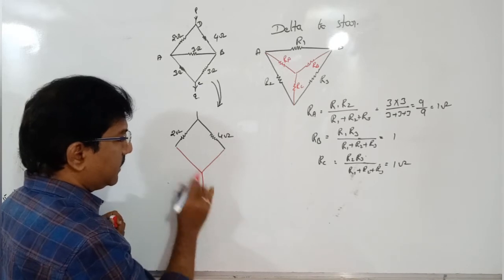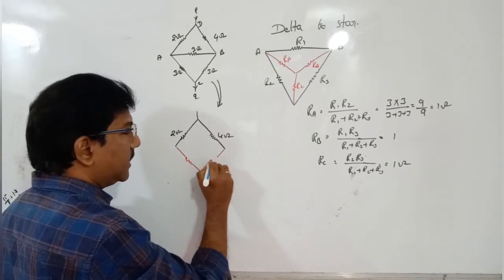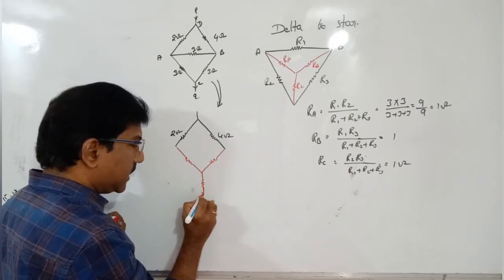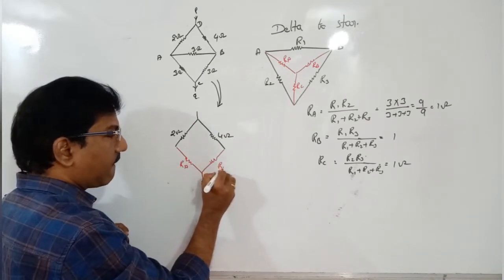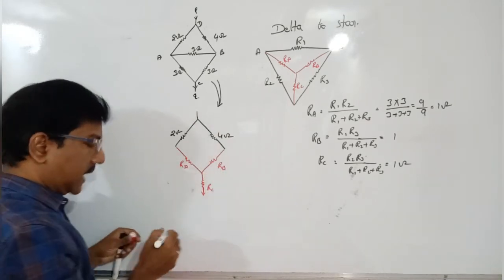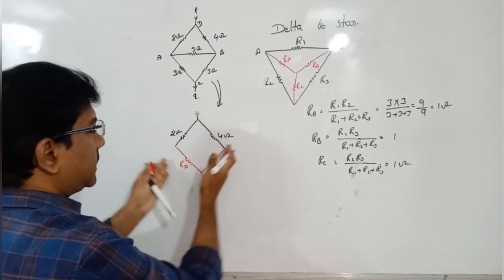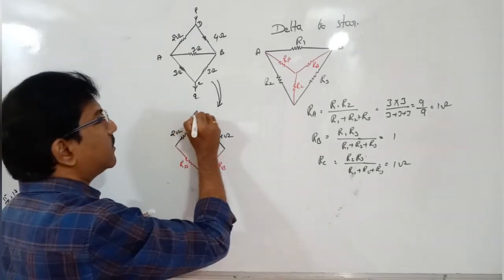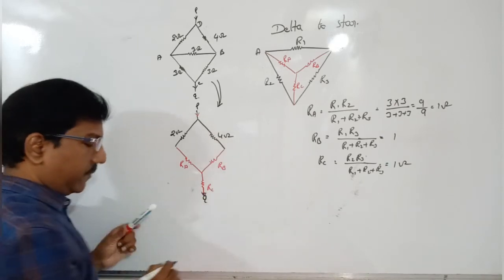Hope you understand. This is RA, this is RB, and this is RC. Hope you get clarity now. The current comes here, separates here and reaches over there. This is point P, this is point Q.